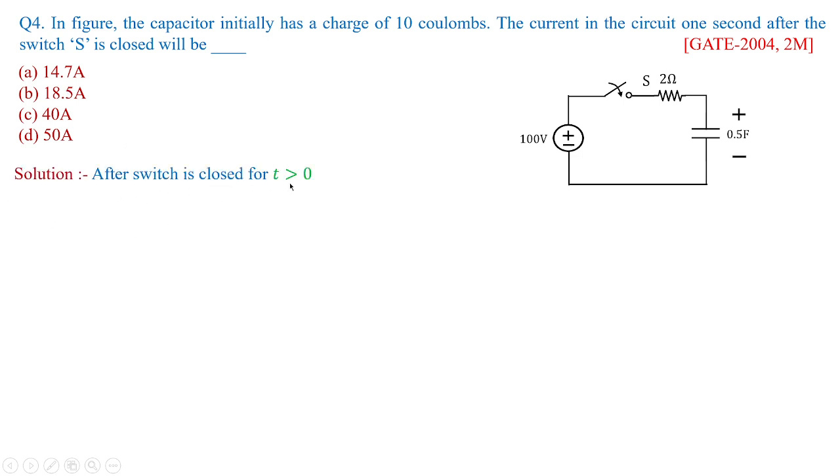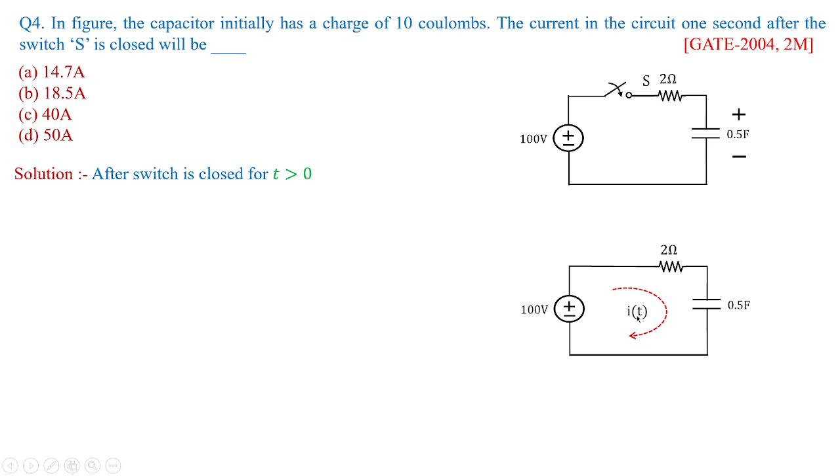After the switch is closed, for t greater than 0, this is how the circuit will look. It was given that the charge of the capacitor is 10 coulombs. Therefore, when current flows through the circuit, the voltage across the capacitor would be in this fashion.